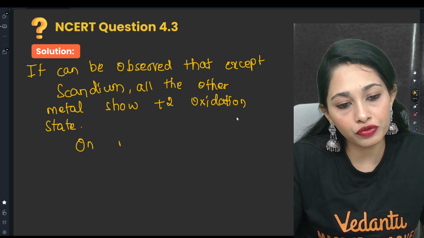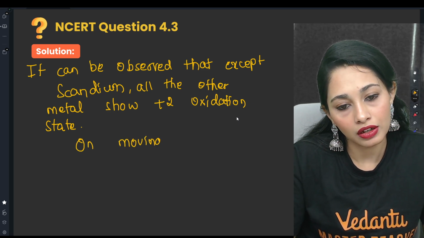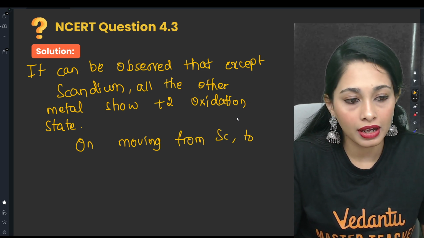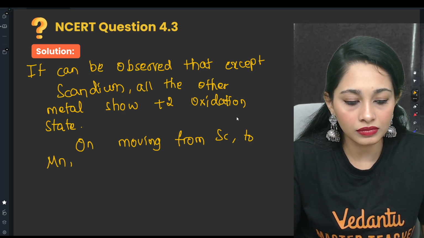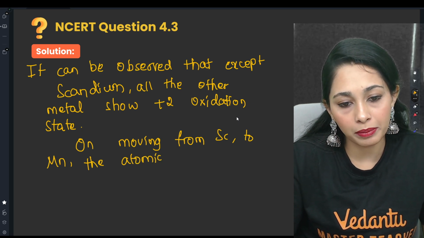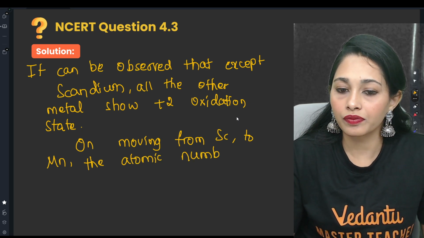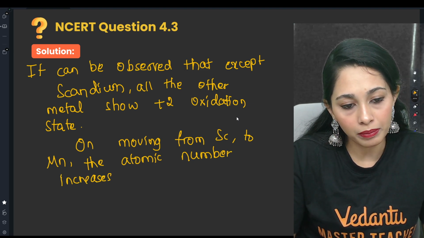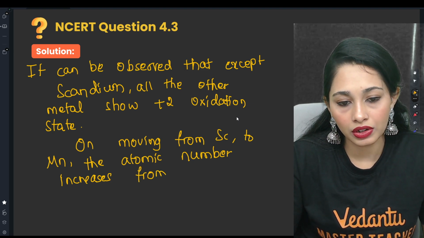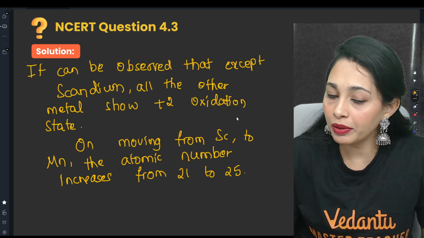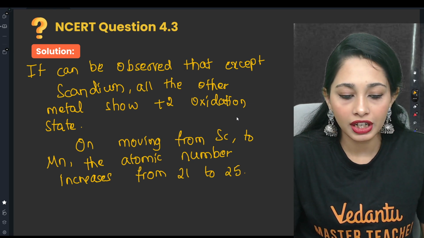On moving from scandium to manganese, the atomic number increases from 21 to 25. Scandium has atomic number 21 and manganese has the atomic number 25.